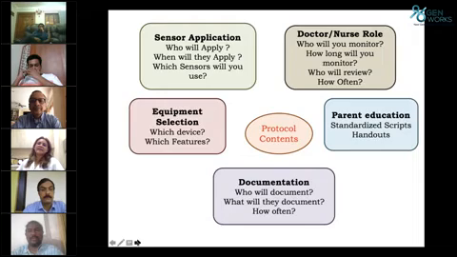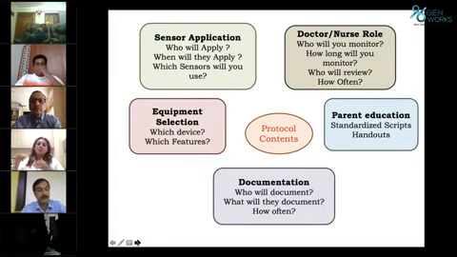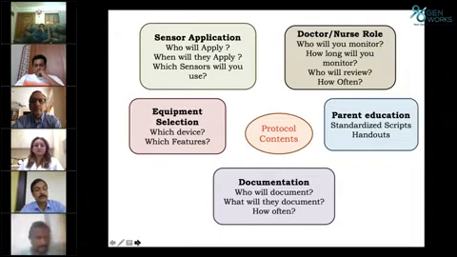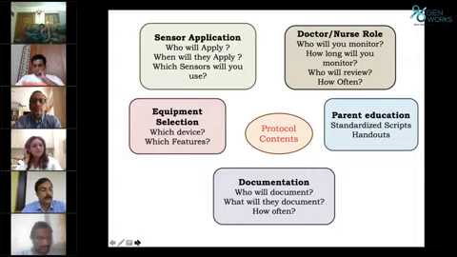Then assigning a role and job profile, doctors and the nurse role. So who will monitor? I would say that my nurse, who is going to be 24 hours with the baby, is the most reliable one to monitor. She should be trained to pick up at least very gross abnormality, so that she can immediately pay attention to it and call the doctor to look at it.